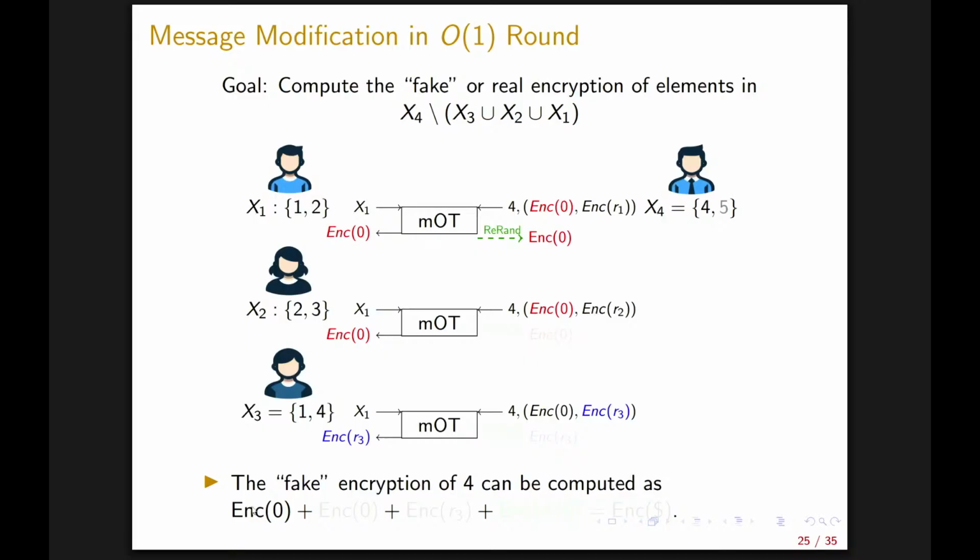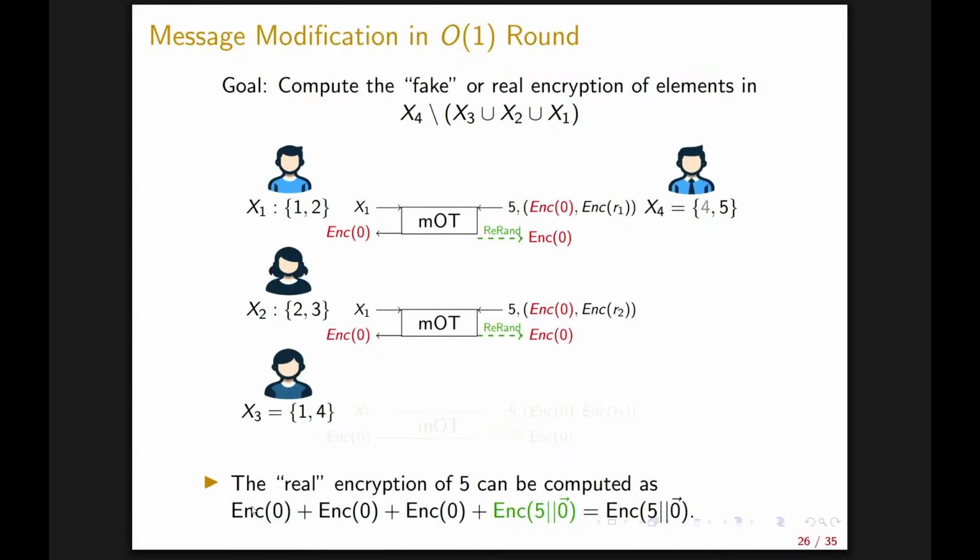P4 has encryption of 0 here, and adds this one, this one, and this one together. Because of this randomness, when he adds it with his encryption of 4, it gives you some garbage. So this is the key idea. In the paper we have more details, but this is the key idea of how you make it one round. All the MOTs can be run in parallel.